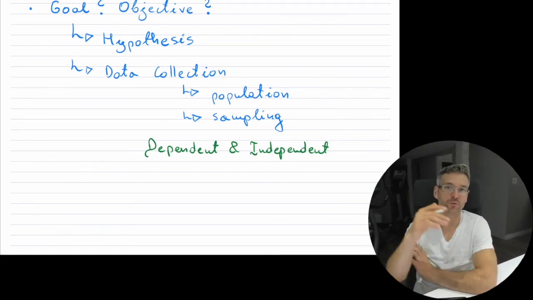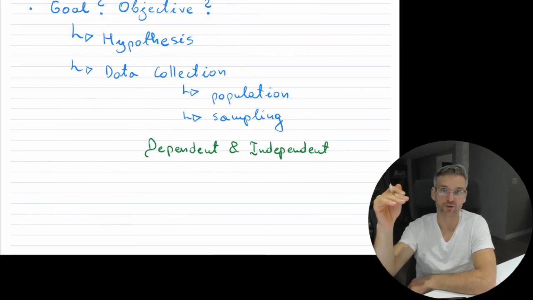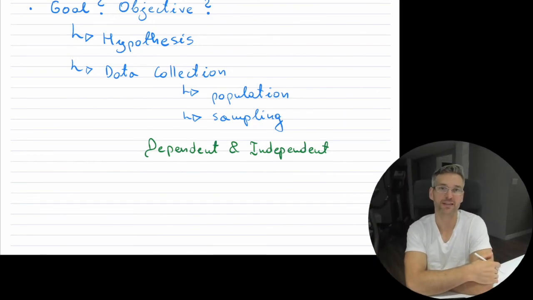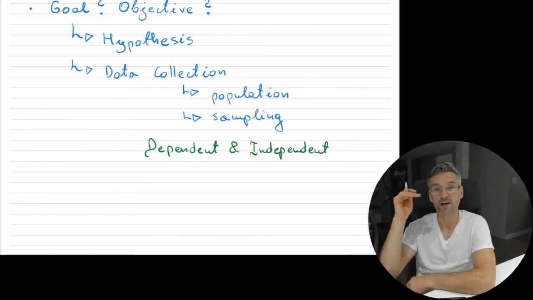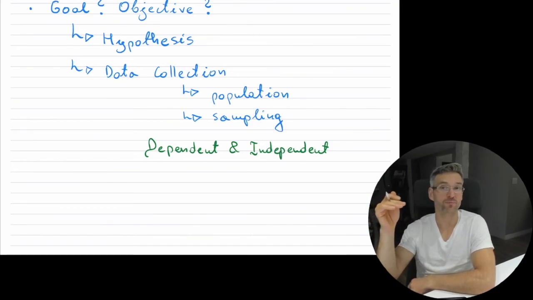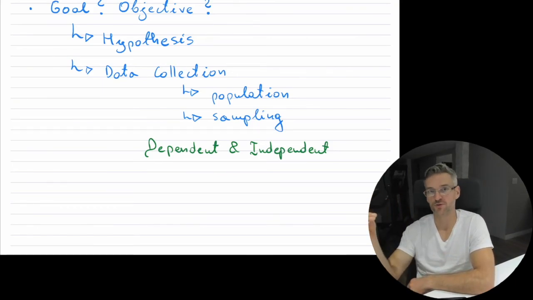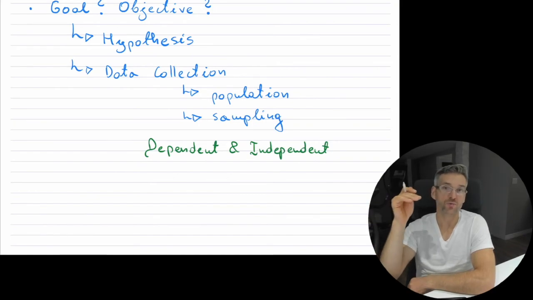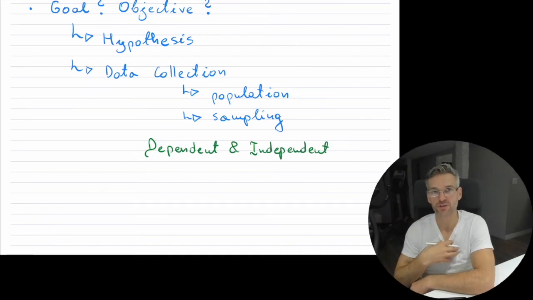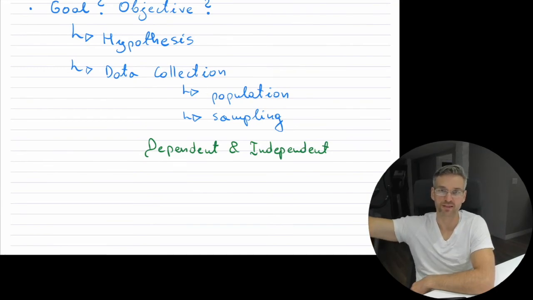So far, when we run an experiment, we have some kind of a goal or an objective to find something out. We create a hypothesis which we want to prove is true or false. Then we start with data collecting, and we ask ourselves, are we going to be the primary data collectors, or are we going to seek out secondary data collectors where somebody else does that collection for us?